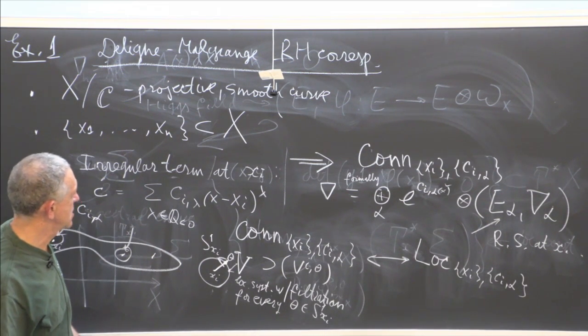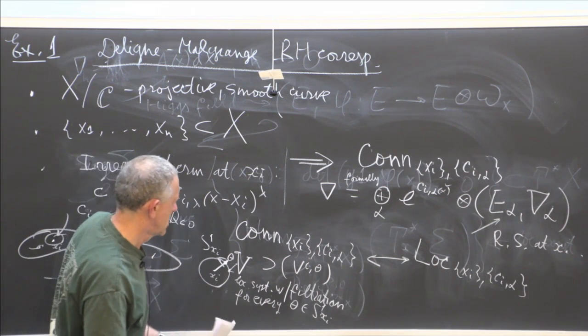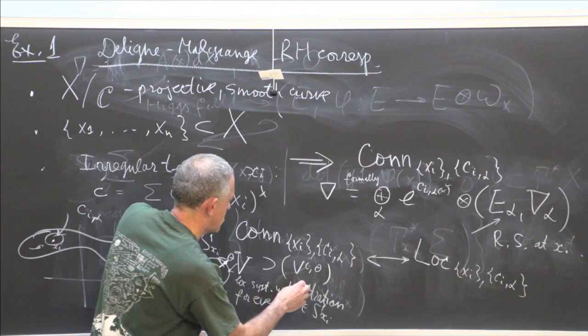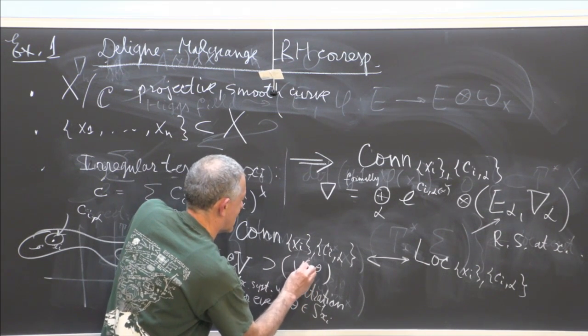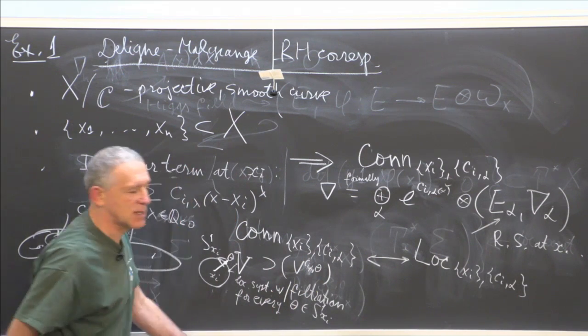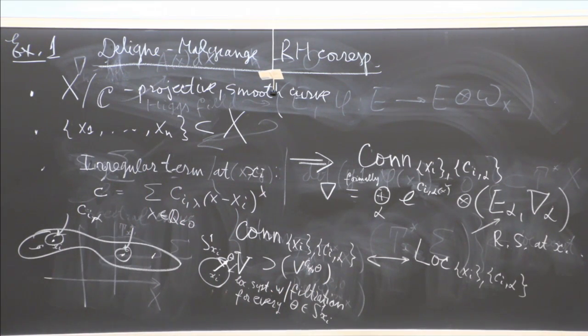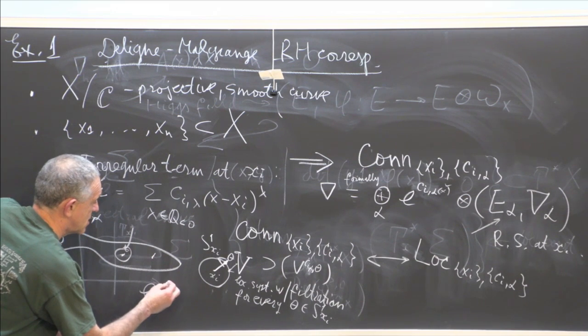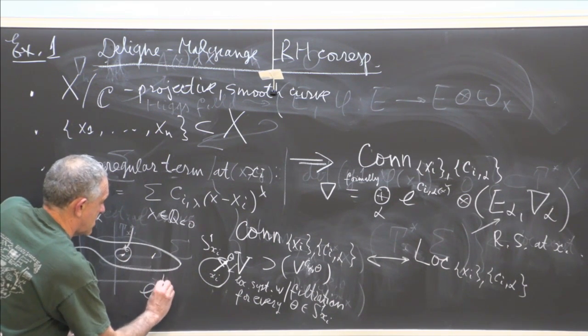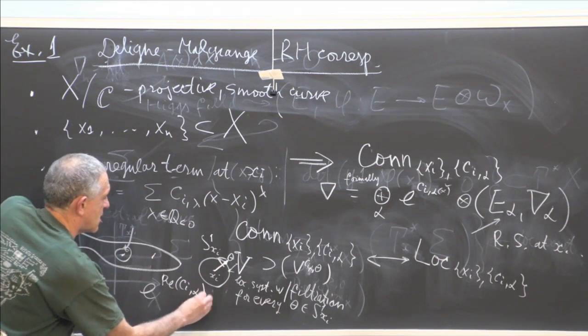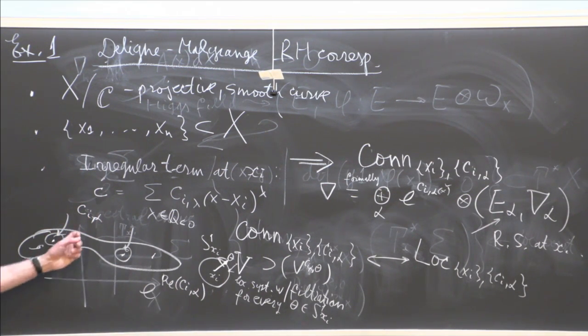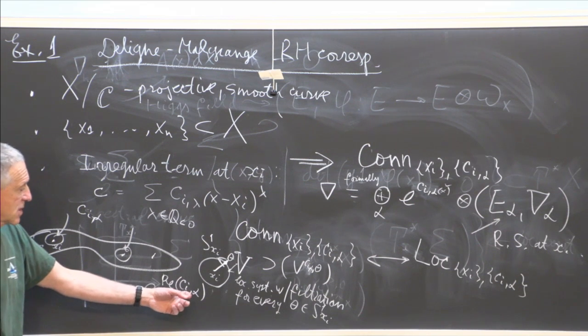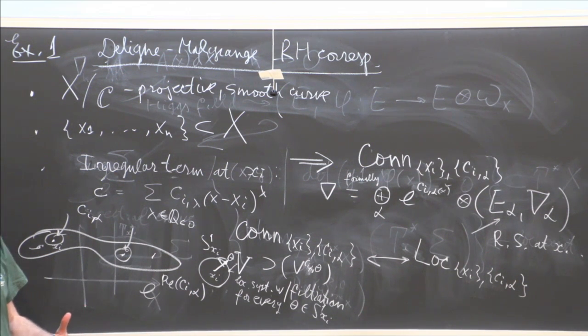This filtration is determined by these irregular terms, and basically we consider these functions as they grow as we approach the singular point, and the faster-growing exponent corresponds to the higher term of the filtration. So this gives a filtration.